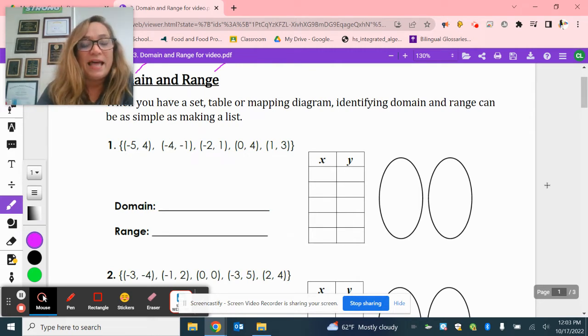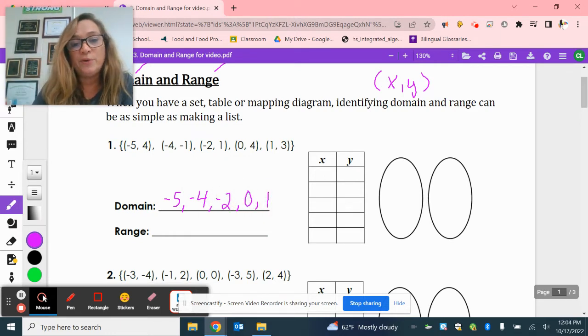So I have this set, and the domain would be everything that's in the first spot. Remember that it goes X, comma, Y. So the domain would be -5, -4, -2, 0, and 1. You can put that in order, and it is in order, so I would leave it like that.